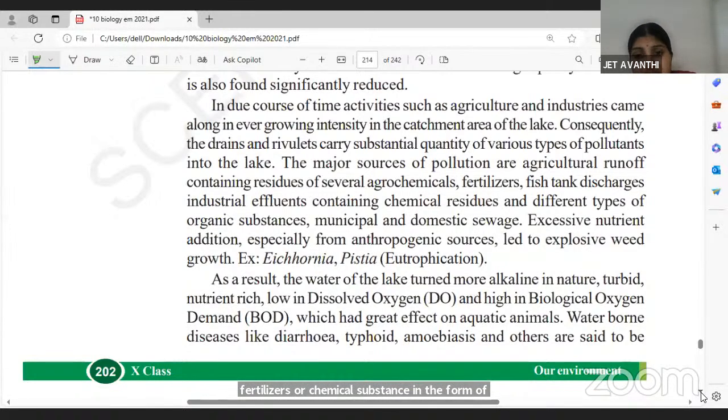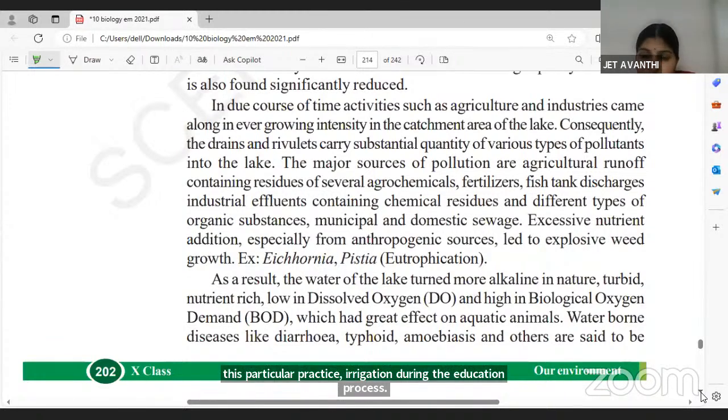After application of these nutrients, that is fertilizers or manure, the next step is irrigation in the agricultural practice. Then these chemical residues will remain in the soil particles, and during the irrigation process, when water is added to the crop field, along with the water, these chemicals will be washed away and added to the nearby water body.